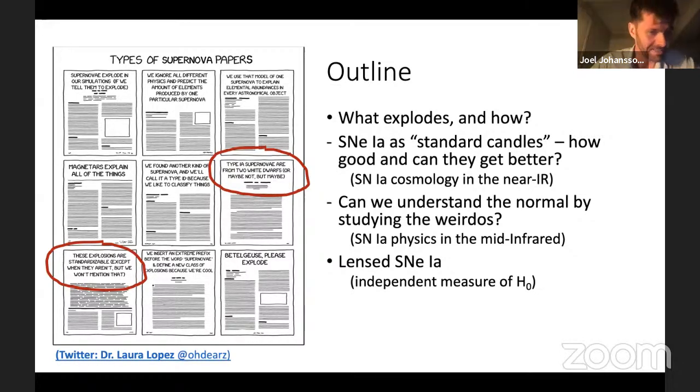And things like these explosions are standardizable, except when they aren't, but we won't mention that, but I will actually mention that.